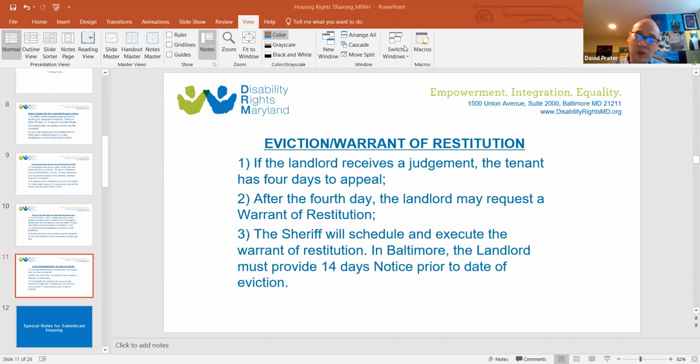So you may have a mom and daughter living together, and the daughter is acting as a live-in aide for the mom. Mom passes away. Daughter is not part of the household because she was there as a live-in aide. And so that's a much harder circumstance, and the daughter may not be entitled to receive that voucher benefit.